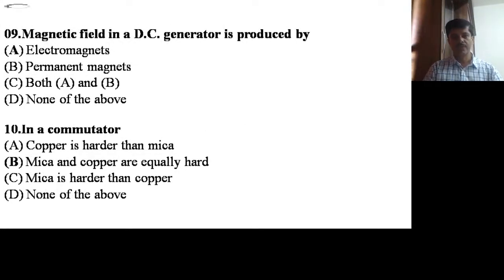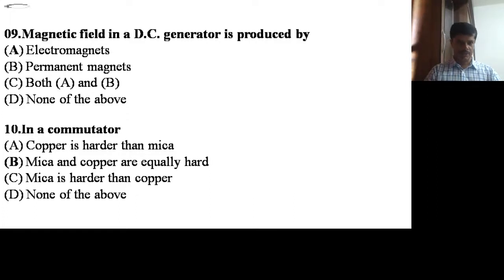The magnetic field in a DC generator is produced by, suppose in a DC generator the important stator part is the field magnet. If you are using a natural magnet or a permanent magnet, the property will be limited. The magnetic property will be limited, so we cannot change the magnetic property.